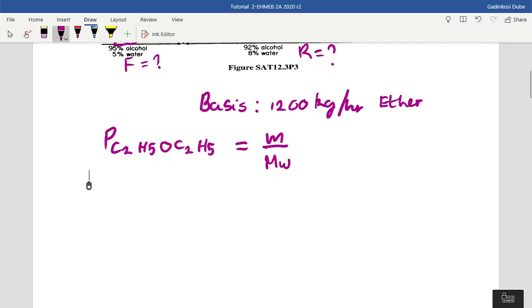You just need this in moles. So you know the mass, it's 1,200. And now if you calculate the molecular weight, it's 74. And that gives you how many moles? It gives you 16.216. It's important that you round off to 3 significant figures. So this is kilogram mole. Okay, this is kilogram mole. Now because here I just ran short of space, I can even leave it as mole. So here you've got mole.